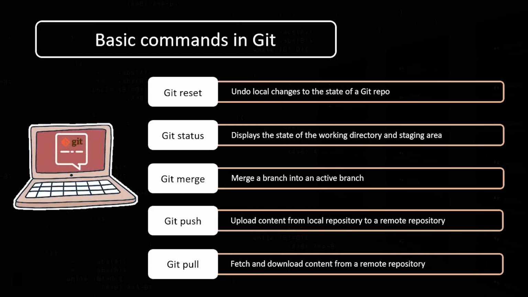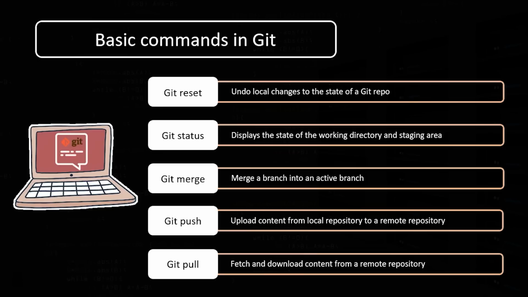And the last one is git pull. Git pull is the opposite activity of push. You might have seen that other developers are also doing check-ins or push activity to the remote repository. If you still work on an old version of your source code, it may cause a lot of problems for you.